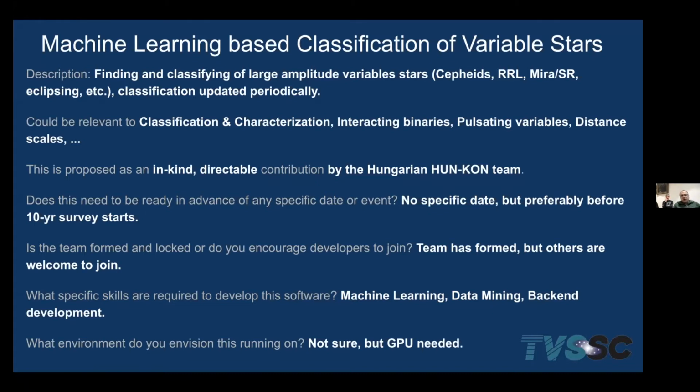Here we list the main variable types. The idea is to provide a periodically improved classification as LSST data pour in. Of course, this kind of software would be beneficial for various subgroups and even various science collaborations.